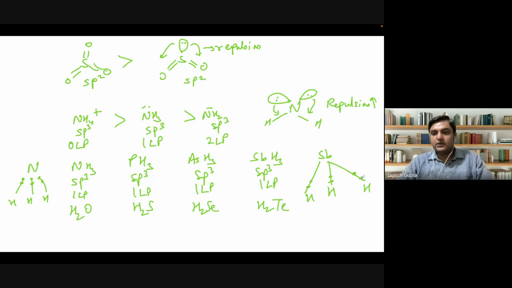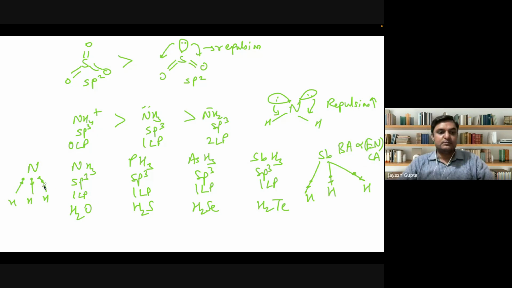So what happens if they are towards nitrogen? The closer, the more repulsion. More repulsion, more opening up, more bond angle. That's why your bond angle is directly proportional to EN of the central atom.